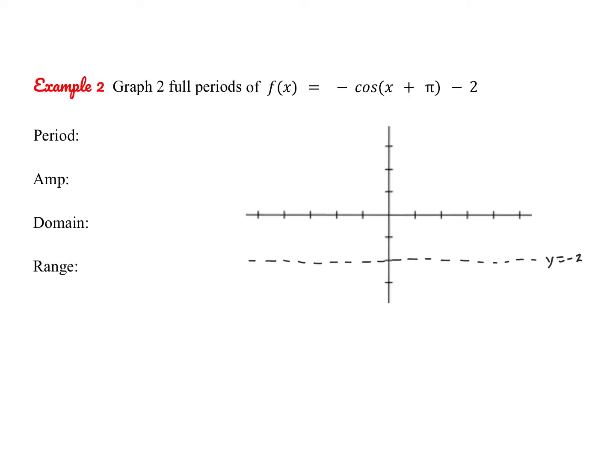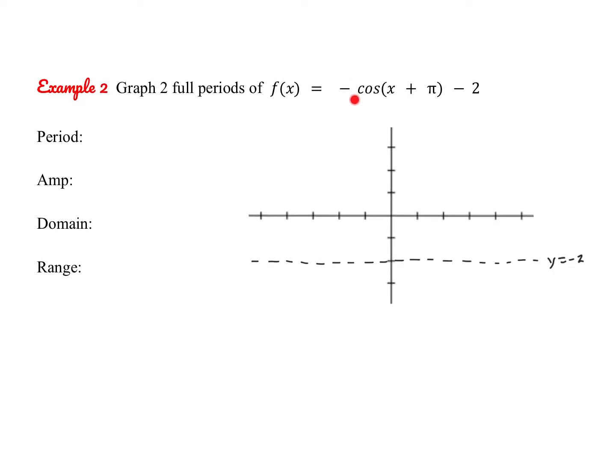Then I look at the amplitude, and I see that the amplitude is 1. That a value is just 1. Remember, the negative is a different transformation. So from the midline, if I go up 1, that's my maximum value, at y = -1. And if I go down 1, that's my minimum value, at y = -3.